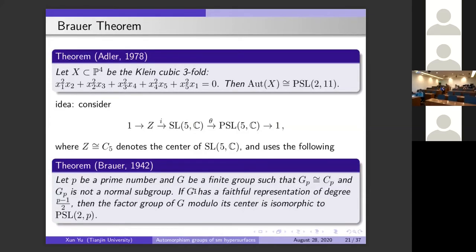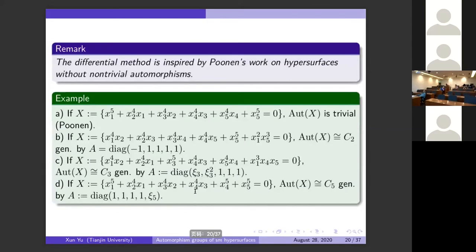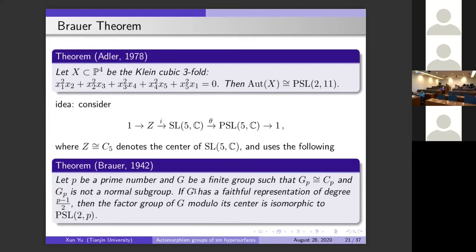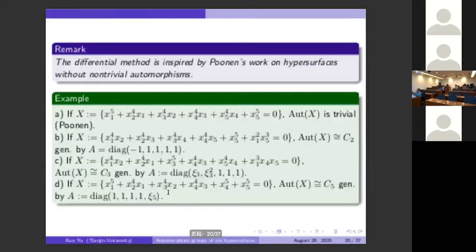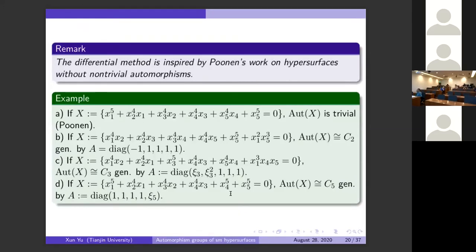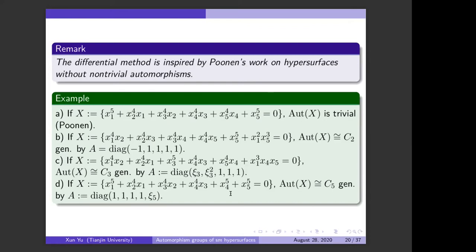So this is the differential method. The idea of using it is often, for example, you have a big abelian group acting on a quintic, then you compute the invariant monomials, and you end up with a unique quintic threefold.